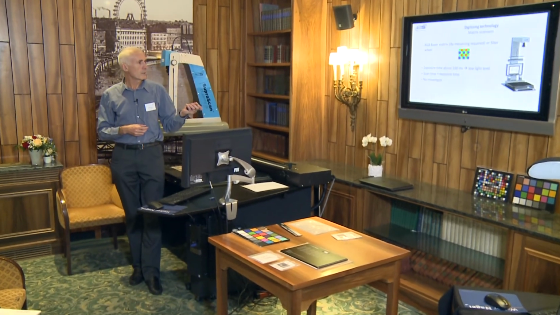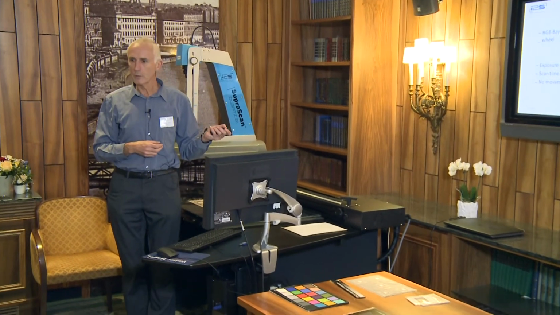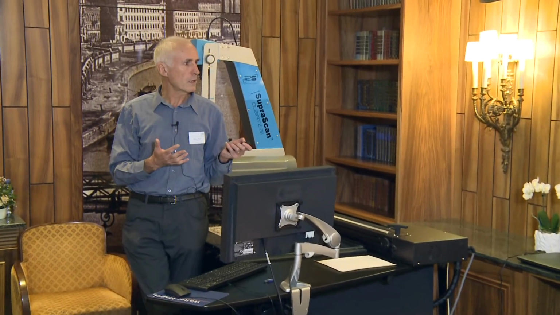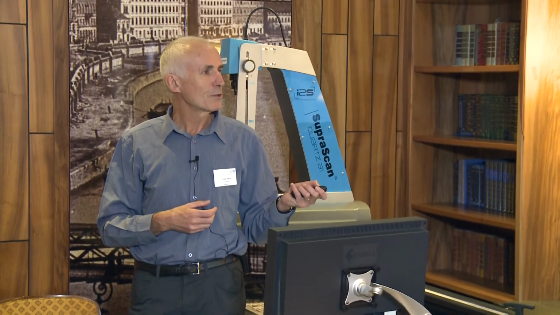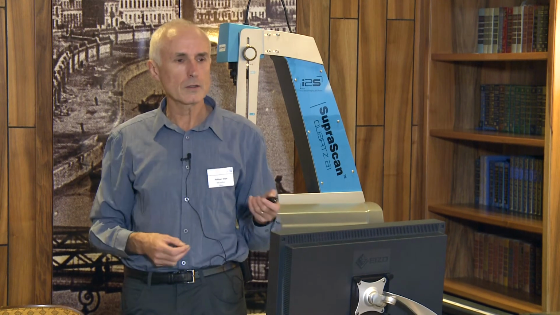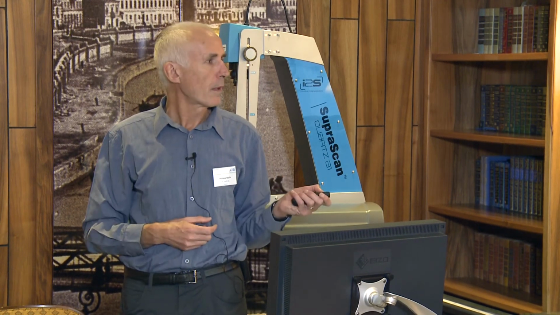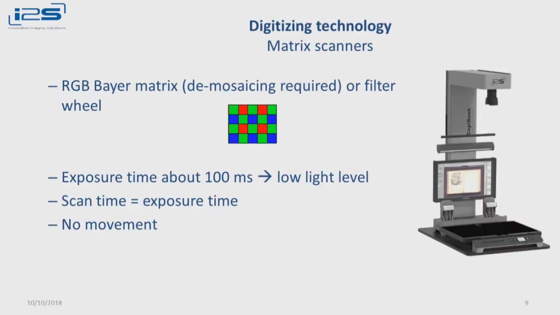The exposure time, so the time to get the image, is usually about 100 milliseconds. So that's quite fast. But for a camera it's quite long, so we don't need so much light. Low light is enough. I mean, here the light is off, but you will see it's not very strong. The total scan time is equal to the exposure time.